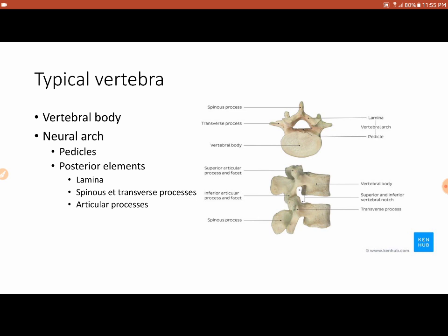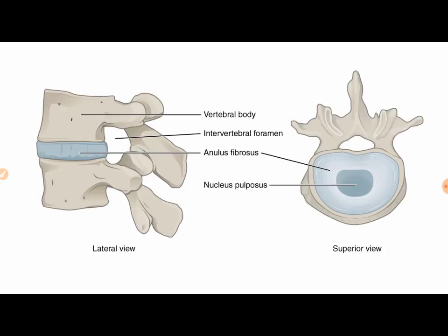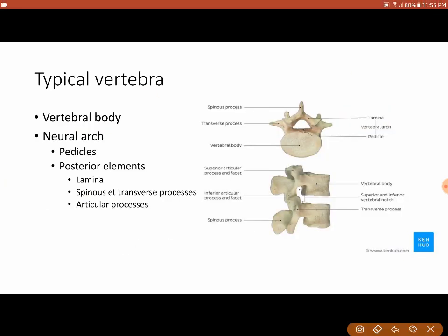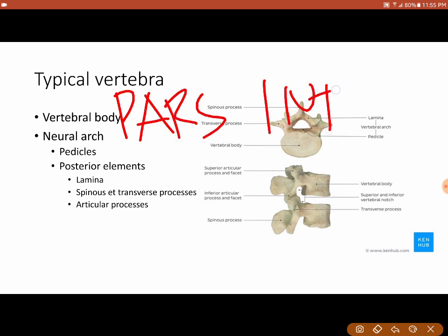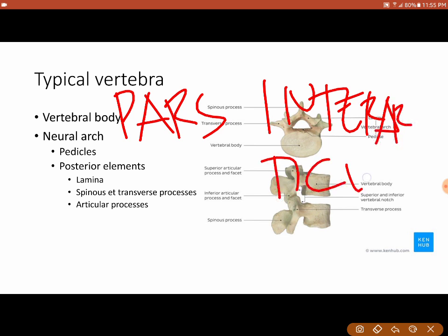And also, in your lamina, there is a region that is commonly injured if you have improper posture, and common among elderly, which is your pars interarticularis.